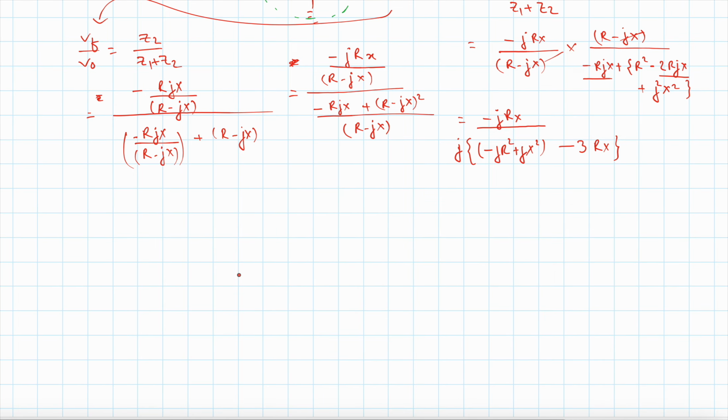Okay, so that this term will be less right here. This term, our VF by V naught will be RX by J X square minus R square minus 3X.